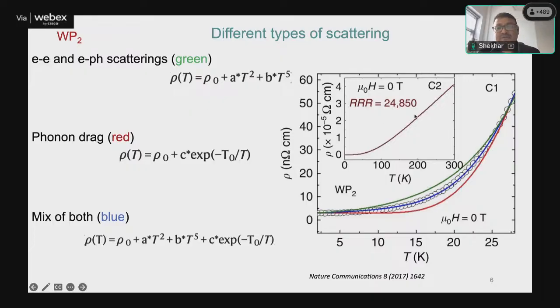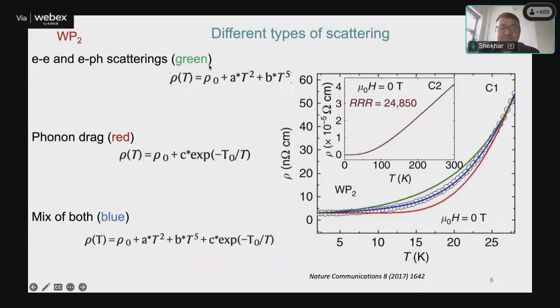Rho zero is the residual resistance at low temperature, that means at zero Kelvin. Up to 0 Kelvin, we have some certain resistance. That is expected at low temperature. The T squared term is called electron-electron interaction, and the T^5 term is called electron-phonon interaction.